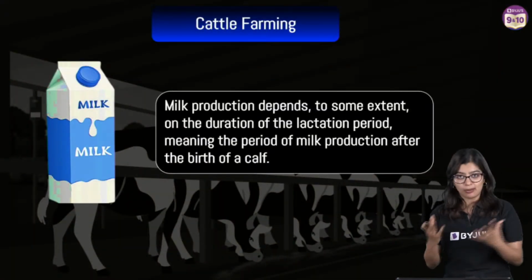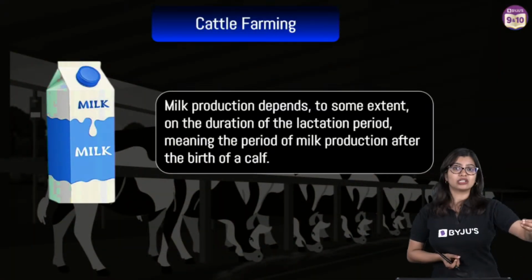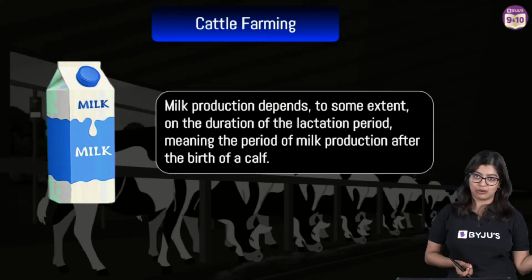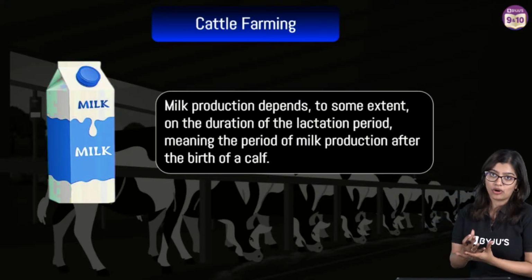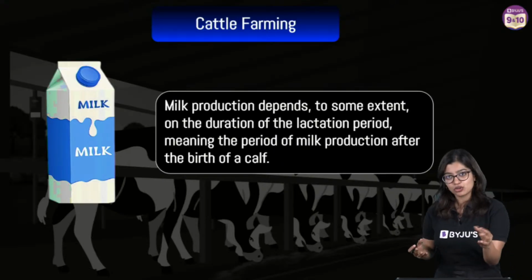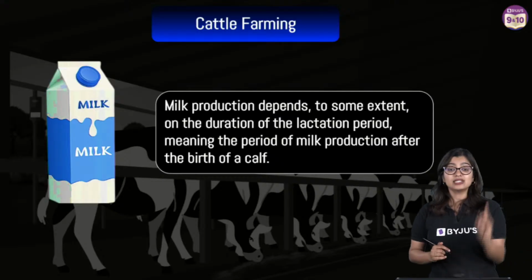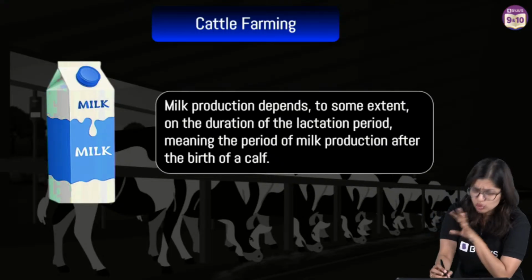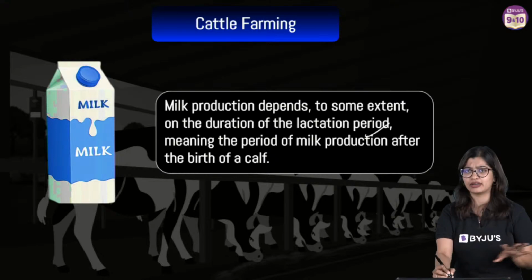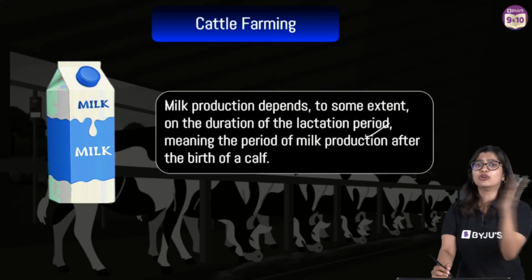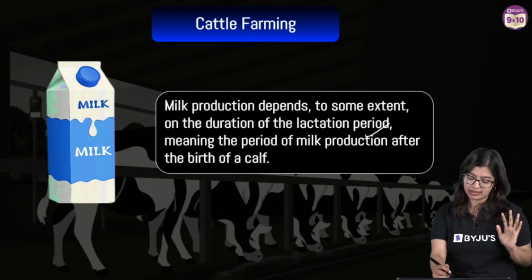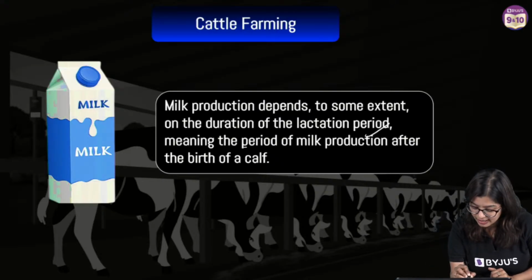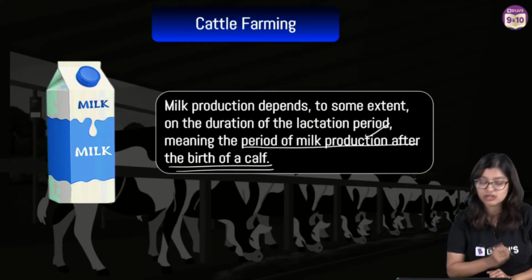Now, when you talk about milk, we know that milk production is mainly done by female animals. Naturally, they produce milk to feed their young one. This milk production depends, to some extent, on the lactation period. What is the lactation period? It is the period of milk production after the birth of the calf.